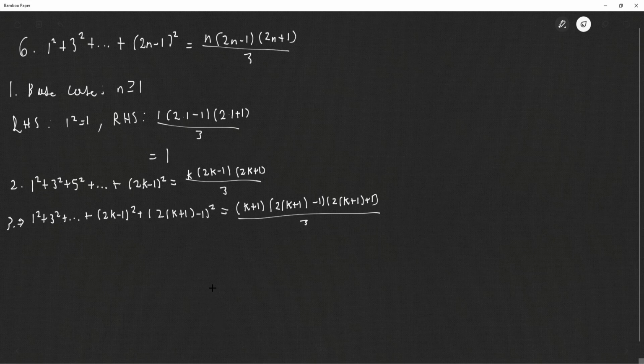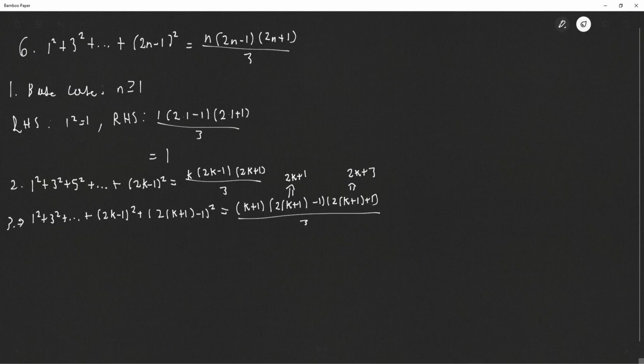So the first thing that we can do is 2 times k plus 1 minus 1 is going to be equal to just 2k plus 1, and 2 times k plus 1 plus 1 is just going to be equal to 2k plus 3, which helps out a lot.